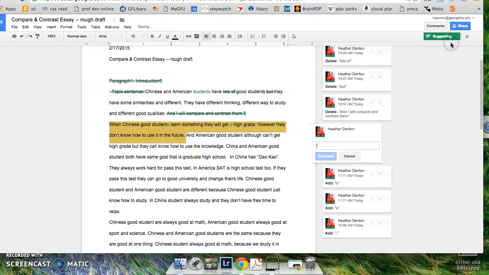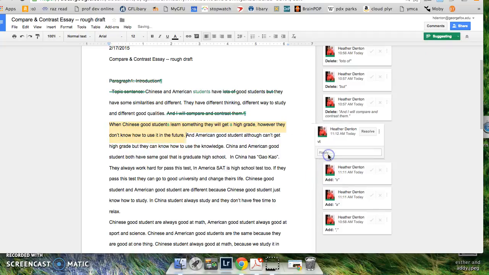So I'm just going to make a comment to VT. Fix your verb tenses. Make them consistent. VT is verb tense. When good Chinese students learn something, and also I think that this word will is a bit too strong. It's too strong of a correlation. You're saying every single Chinese student, when they learn something, they will get a high grade.